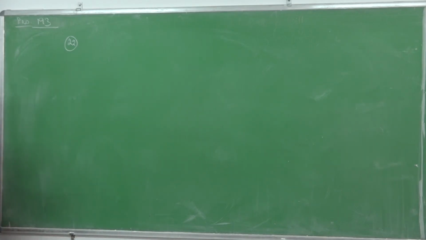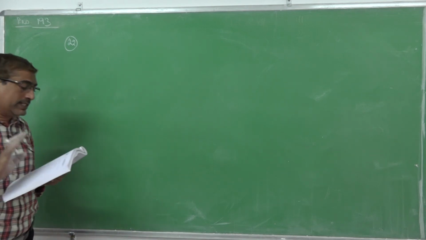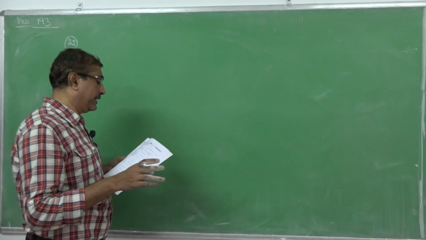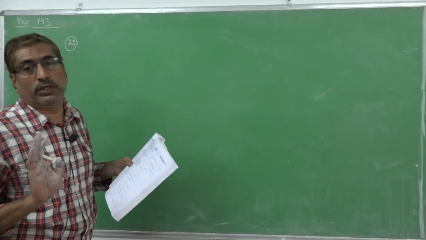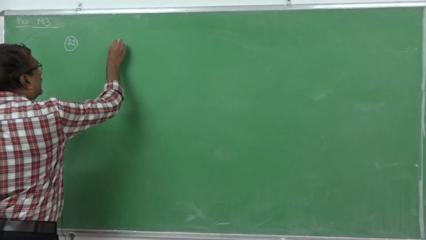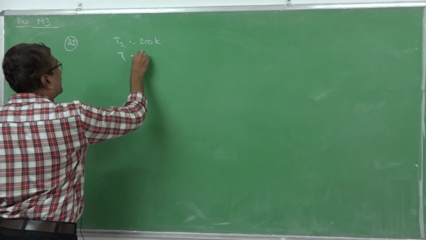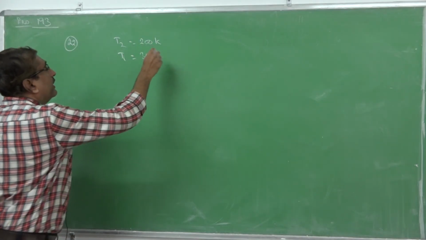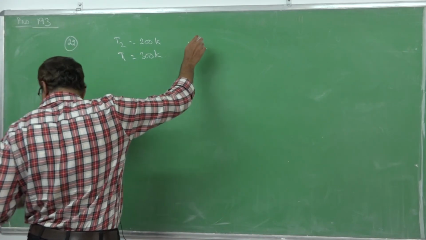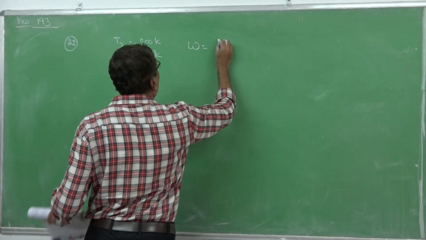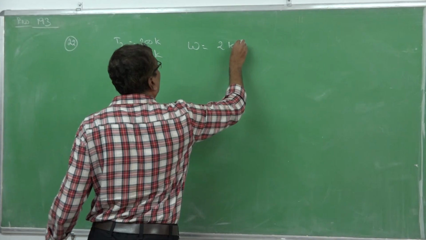So the refrigerator is placed in a room at 300 K and inside temperature is 200 K. That means its T2 is 200 K and T1 is 300 K. It is given that the amount of work done W is 2 kilocalorie.